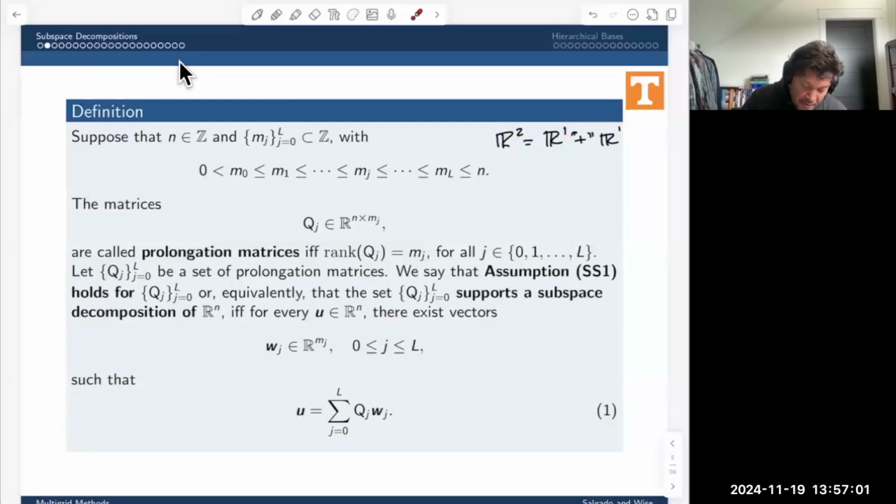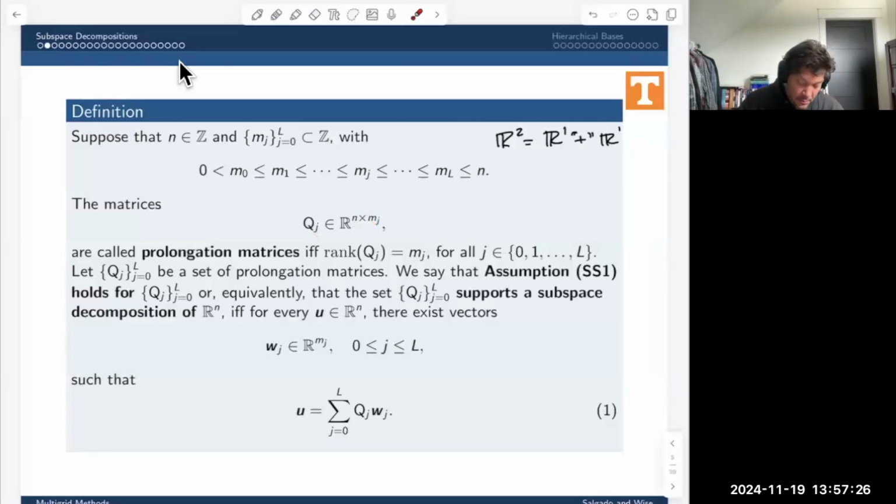Now, we're going to create these matrices called prolongation matrices, a name which you've heard before, which are going to be a collection of J matrices Q_j that are in R^(n by m_j). So you should think about it like this. They have a lot of rows and not so many columns. So they're tall and skinny matrices, just like before.